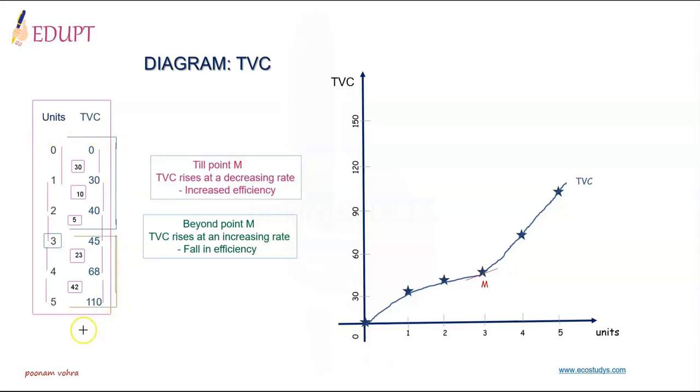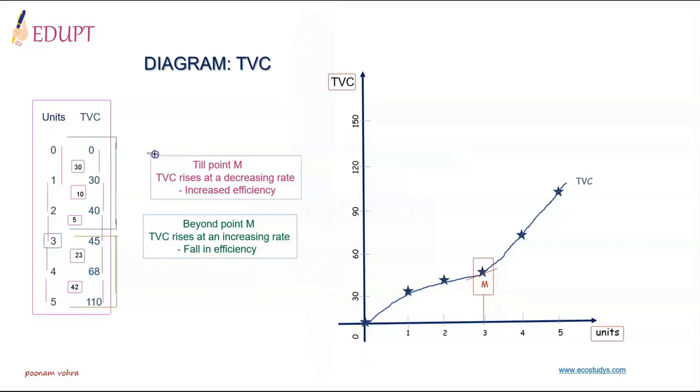The same information can be shown diagrammatically, where units produced are taken on x-axis, total variable cost on y-axis. By plotting these points, one gets a curve like this, which shows that when 3 units are produced, the rate of change is minimum at that point exhibited by point M at 3 units.